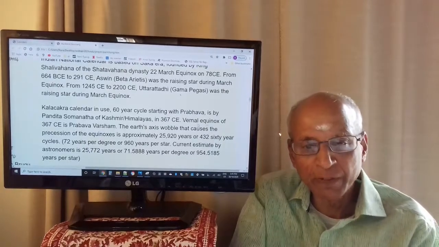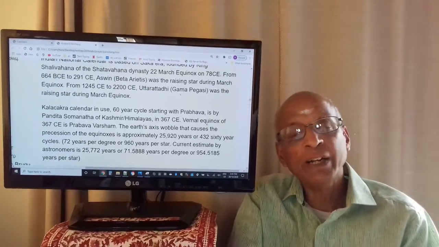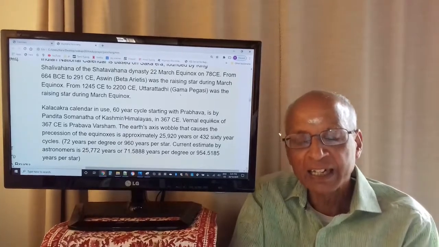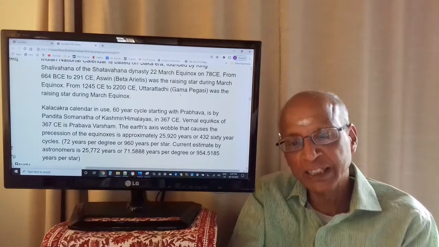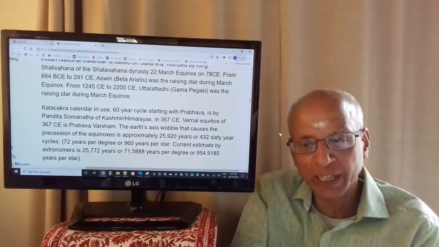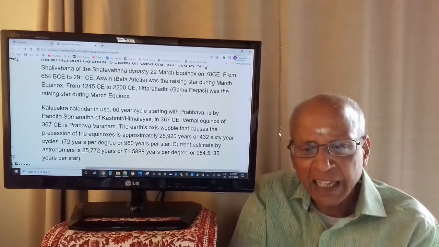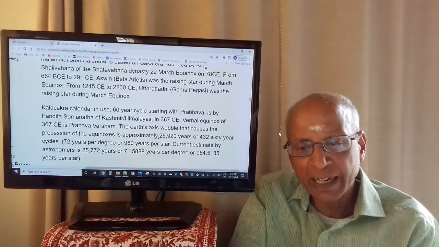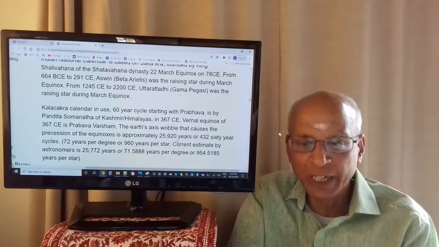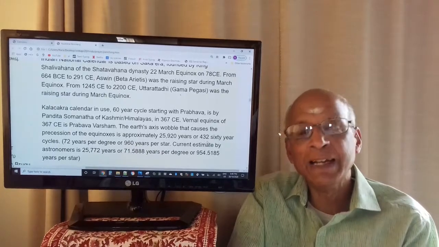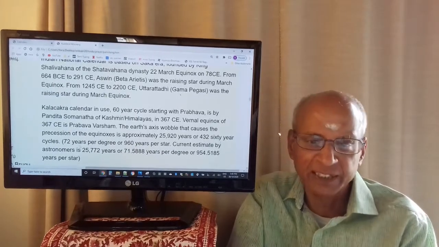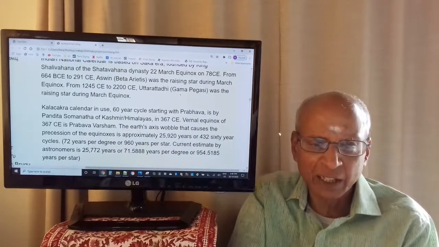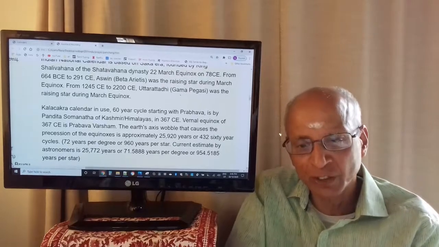He started with Prabhavarsha, so that now it is not 1, 2, 3, you need not worry, it is a 60-year cycle. And there is a lot of astronomical repetition in 60, everything will repeat, so it is easy to work it out. The earth's axis wobble around the equinox is calculated as 25,920 years, made up of 432 60-year cycles, 72 years per degree. The current estimate by astronomers is around 25,772, more or less close.